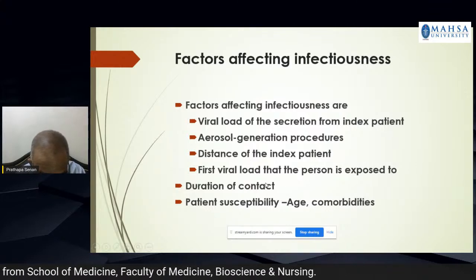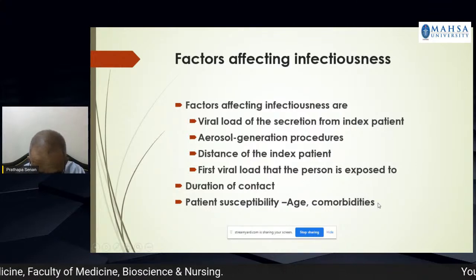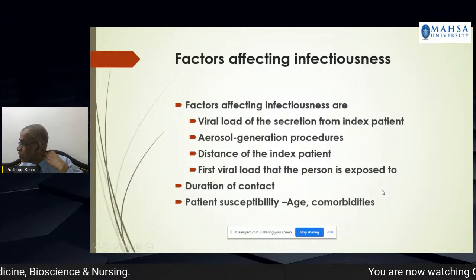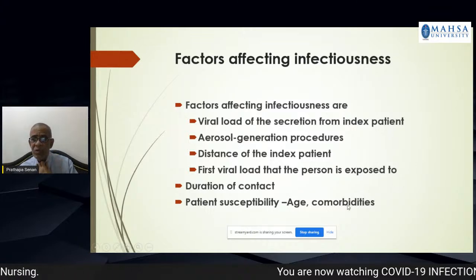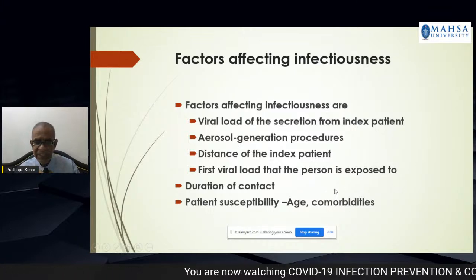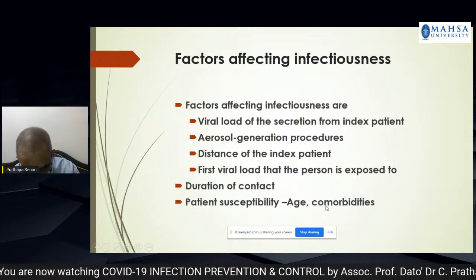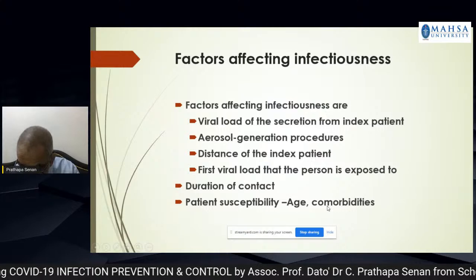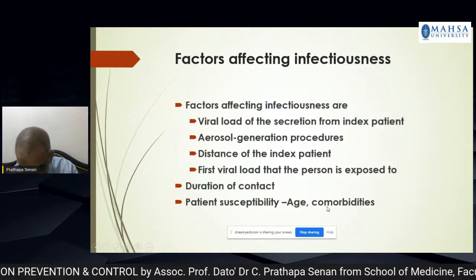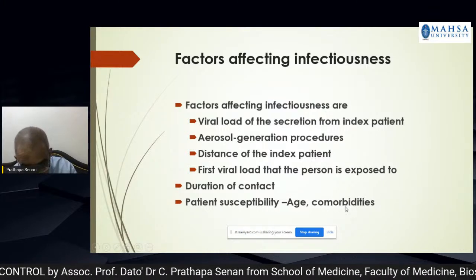Patient susceptibility depends on age and comorbidities, as people say, low immunity status like diabetes, other diseases that you might have, as well as if you are taking anti-cancer drugs.